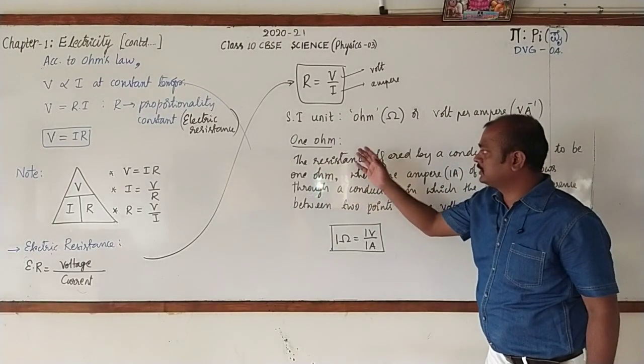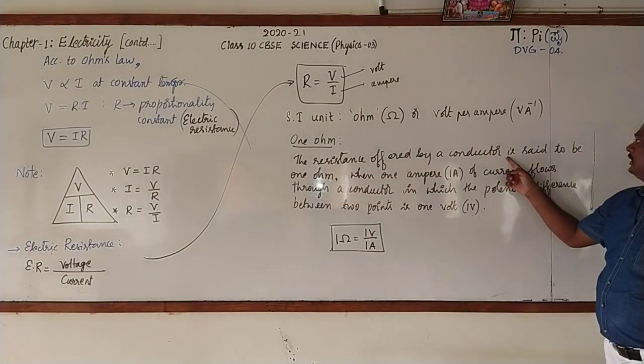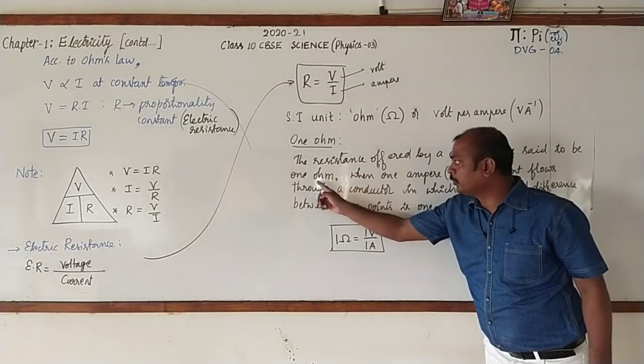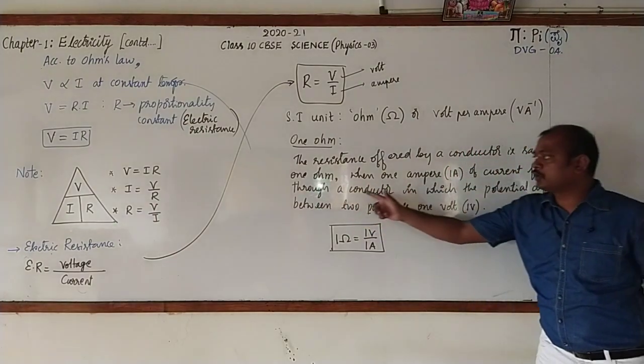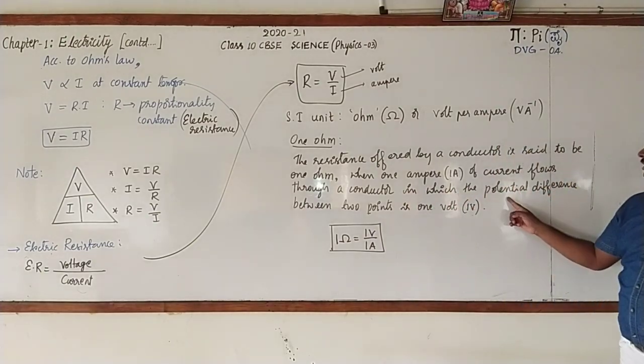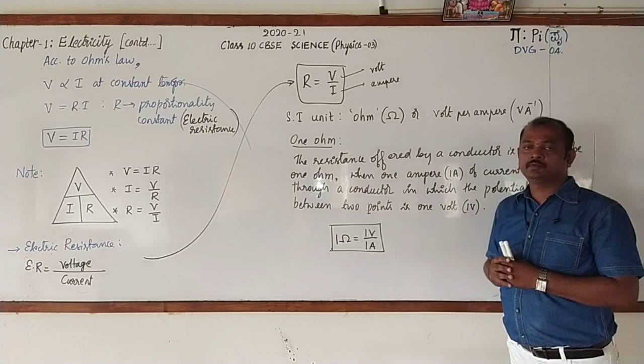Here I have written it, the same thing should be copied. The resistance offered by a conductor is said to be 1 ohm when 1 ampere of electric current flows through a conductor in which the potential difference between two points is 1 volt.